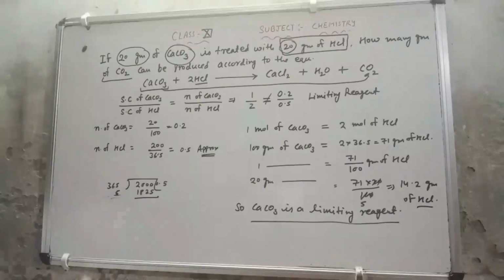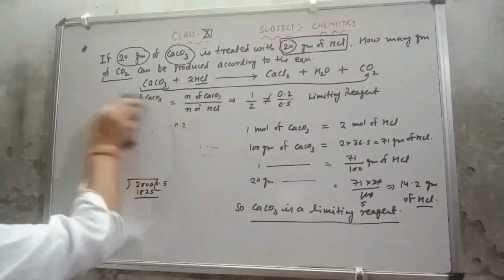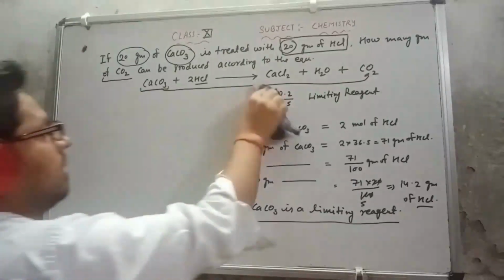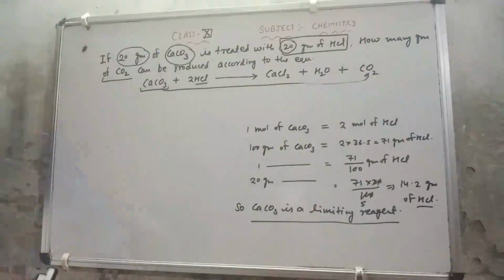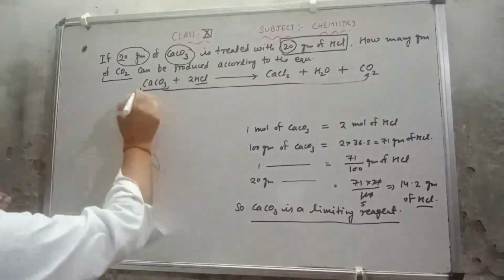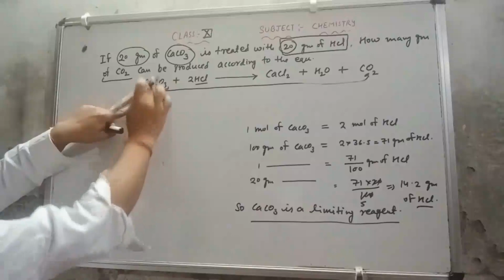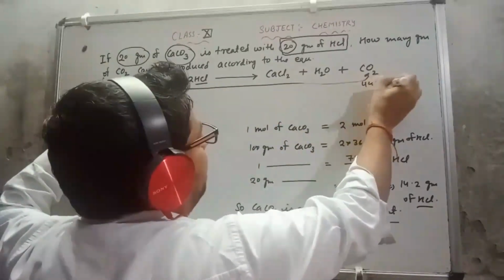According to the equation, the mass of 100 gram of calcium carbonate gives 44 gram of carbon dioxide.